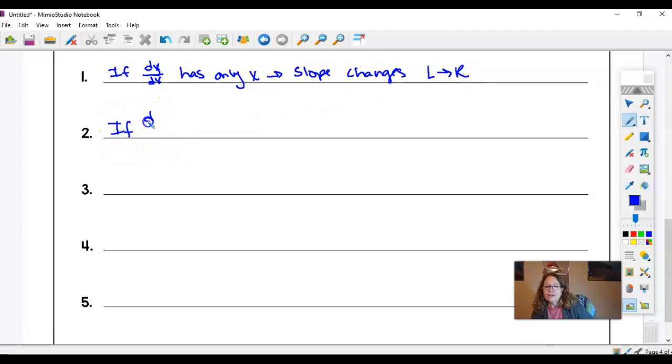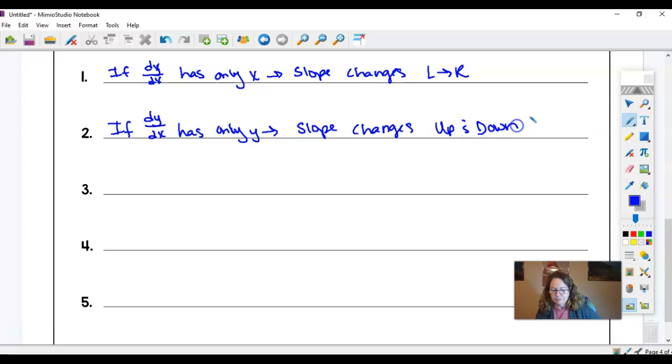If your differential equation, dy/dx, has only y values, then your slope changes up and down. And of course, if your differential equation has both x and y, then your slope is going to change in both directions.